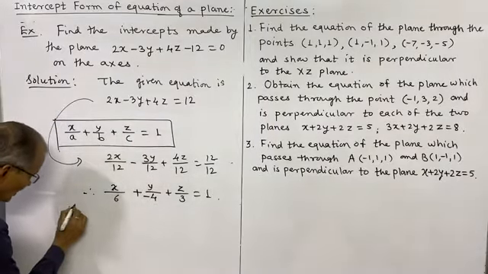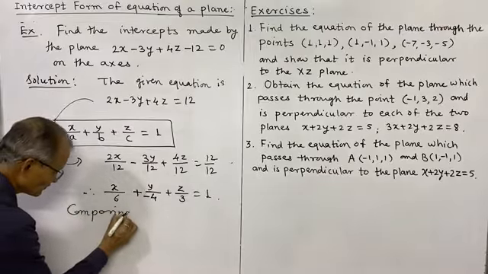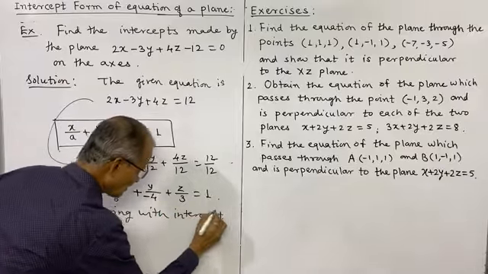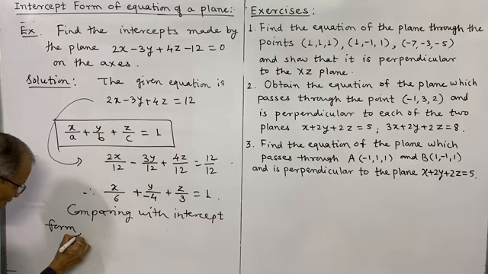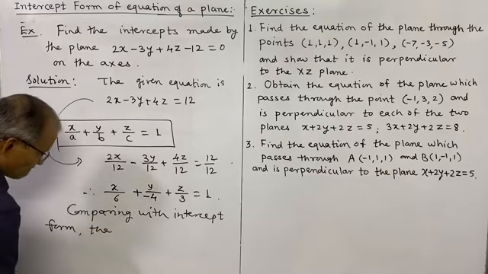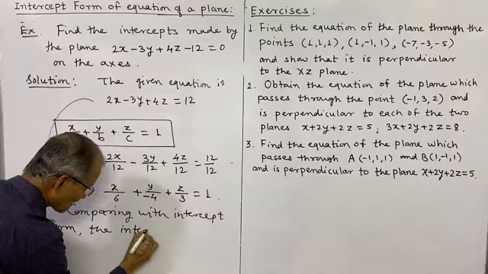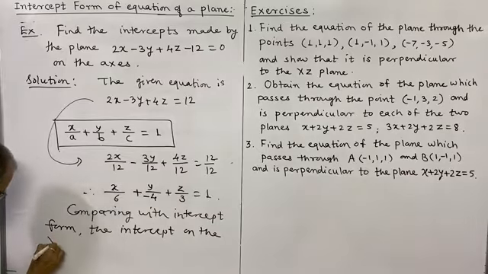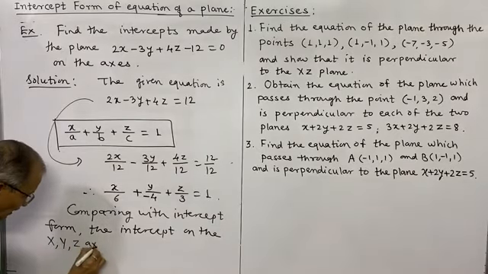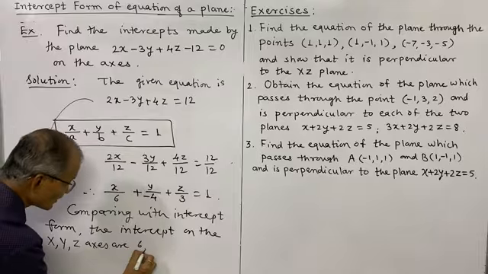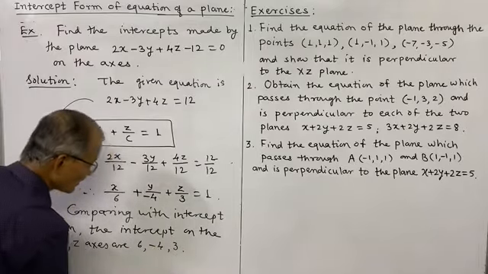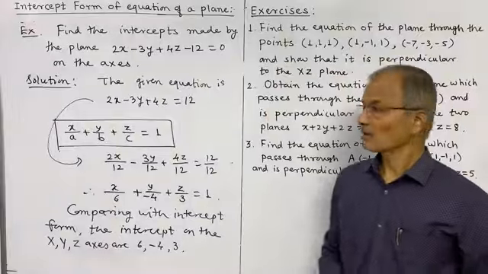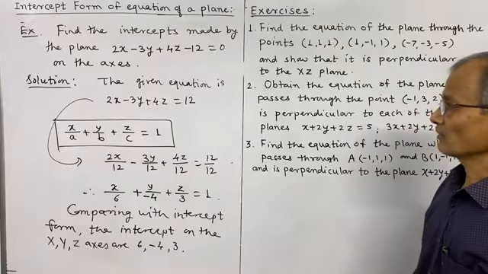So comparing with intercept form, the intercepts on the xyz axes are 6, -4, 3, and in this way we can directly get the intercepts of a plane by expressing the plane in intercept form.